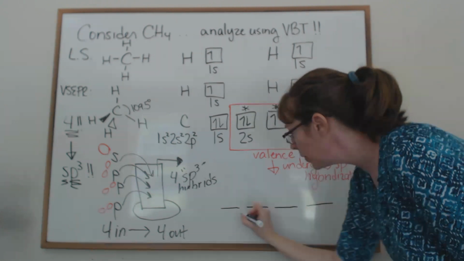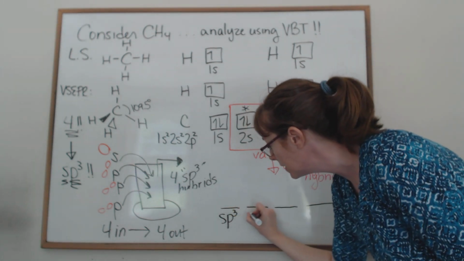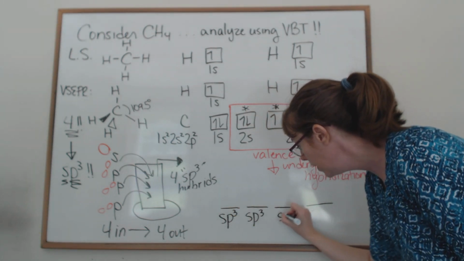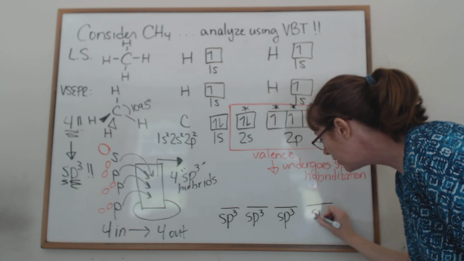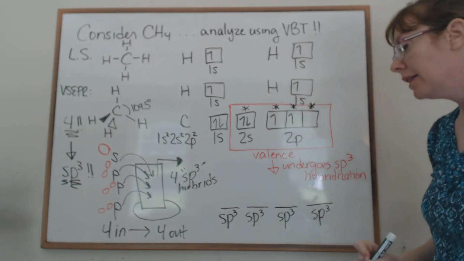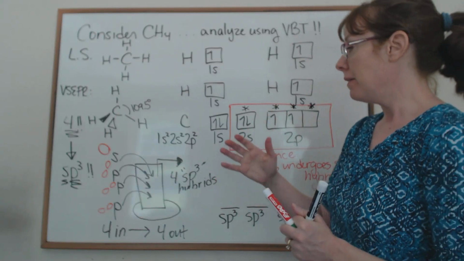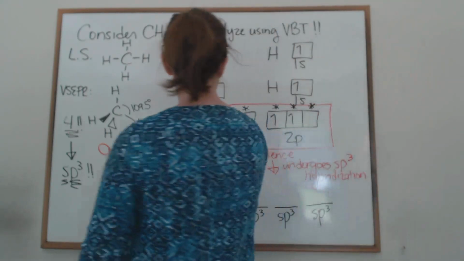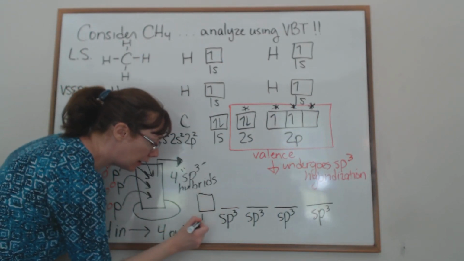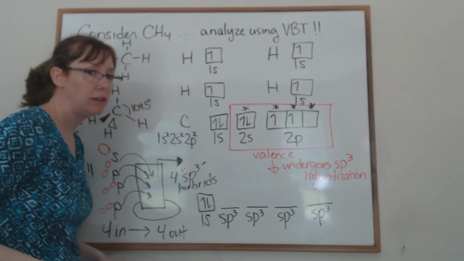Now, I always draw the hybrid orbitals like lines, not boxes, just to represent that they're a new mixture of orbitals. These are all called sp3 orbitals. Now, let's redraw our core electrons. Don't forget that these are still there. They're not going to be involved in bonding, but they're still there.